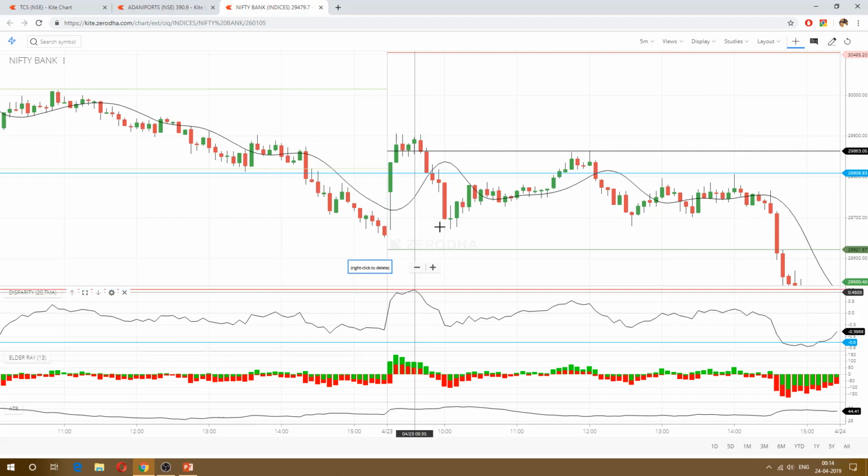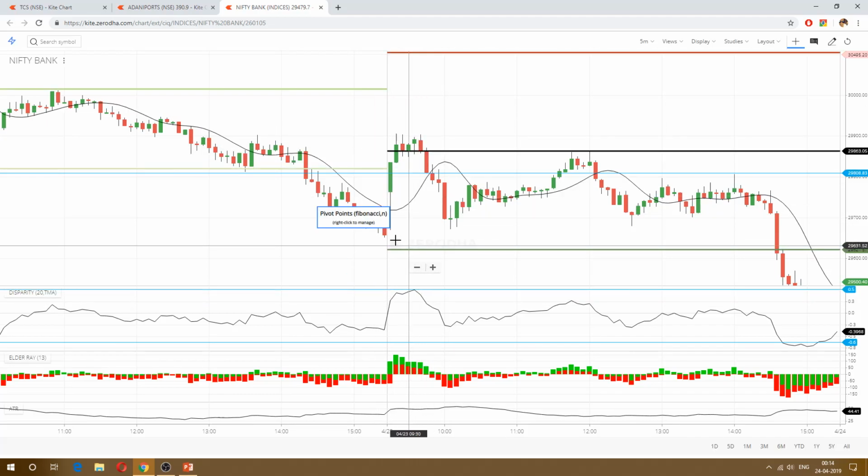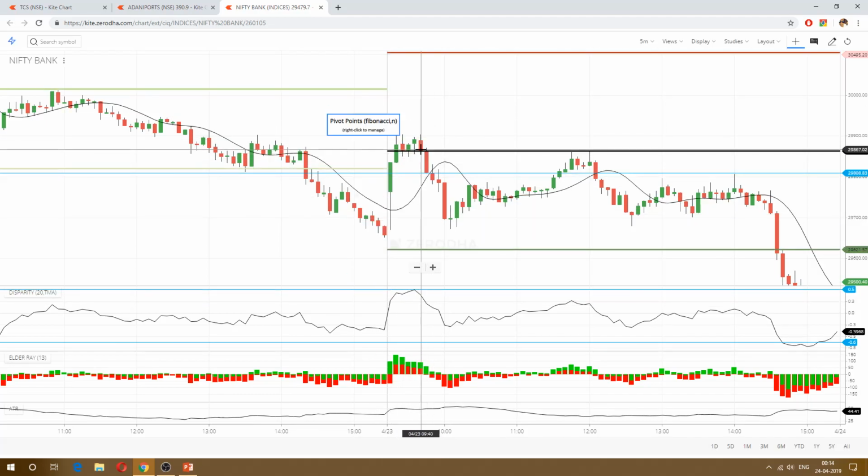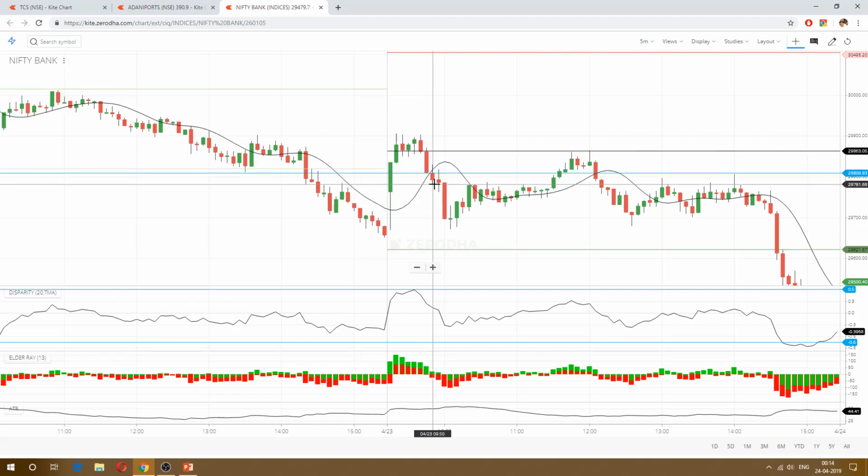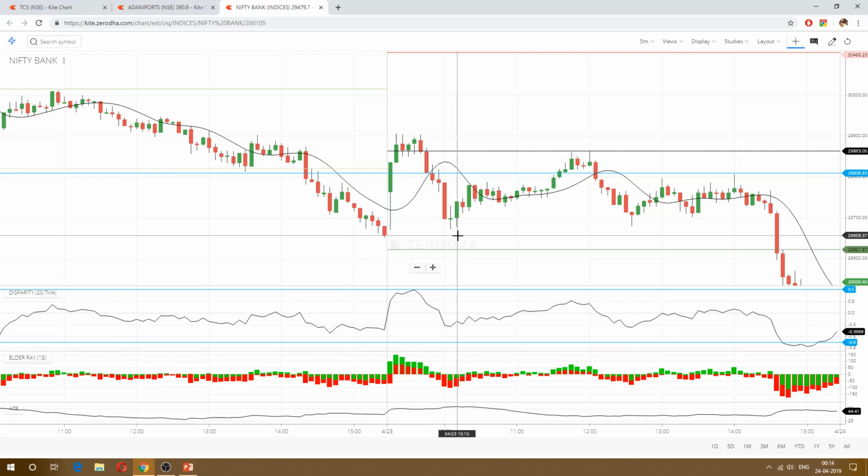Okay, with that said, see, it got rejected at the pivot, came back, crossed the 12 triangular moving average, a signal to sell, confirmed below. And in Bank Nifty I'll show you another list of things you need to keep an eye on to understand why you should have booked your profit here.